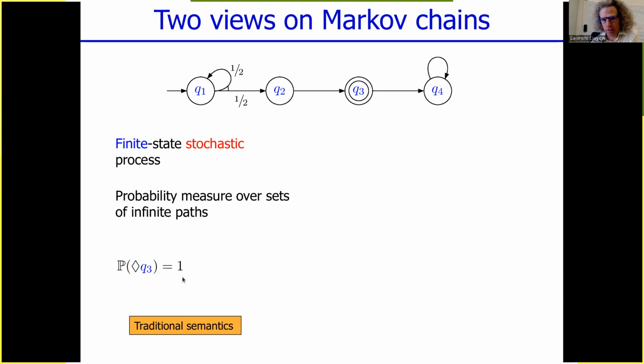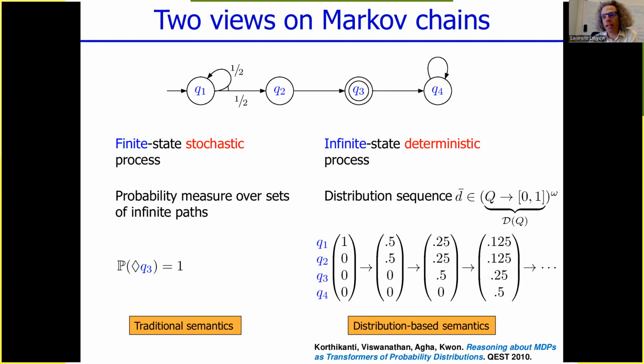This is the traditional semantics of Markov chains that is used in verification and that has been studied a lot. Now, in this talk, we will take a different view where we consider that a Markov chain generates a sequence of probability distributions. What is a probability distribution in this case?